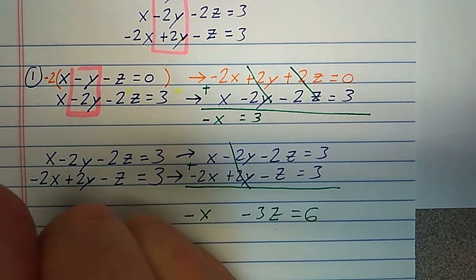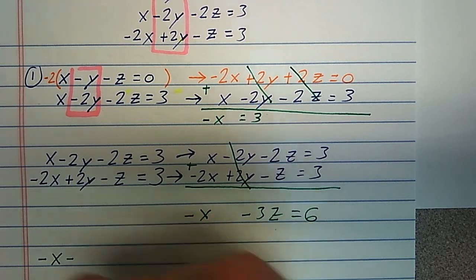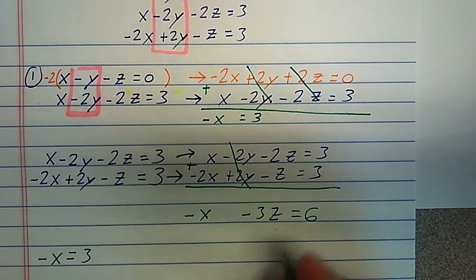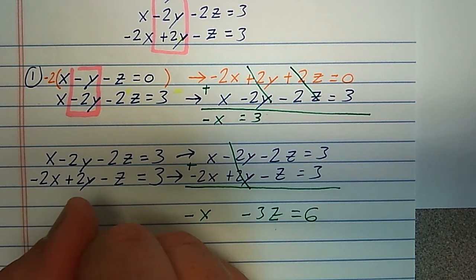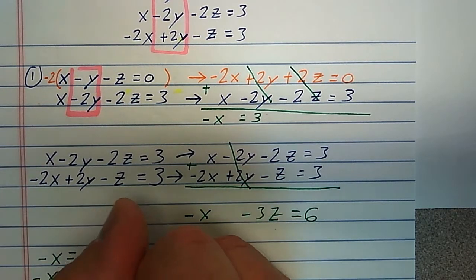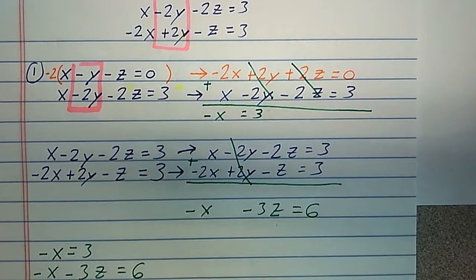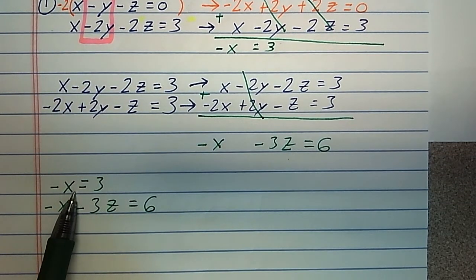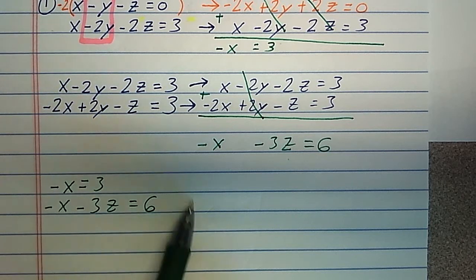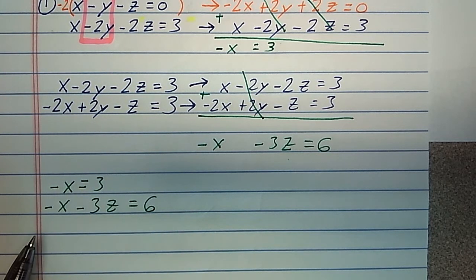Yeah, so then you would take both of those and you say, okay, I got negative x equals 3. And I have negative x minus 3z is 6. It's not really harder, it's just a longer process. And so normally you would have a z here too, and now you got to solve this probably with elimination. That's the only difference there.